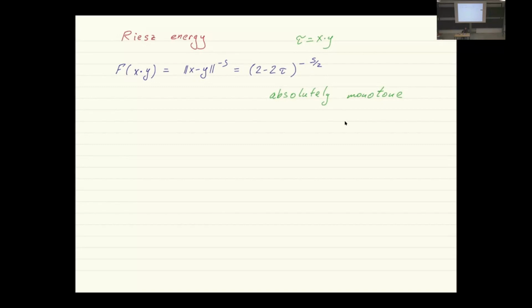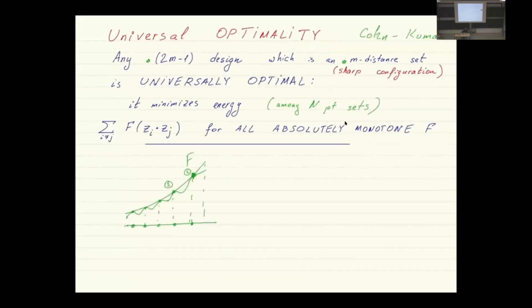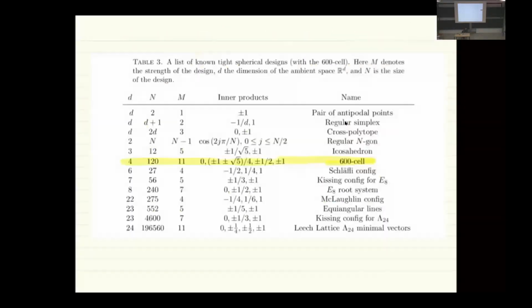Well, remember, if you take s to infinity, the Riesz energy becomes the optimal separation. So this tells you that sharp configurations are optimal codes from the point of view of separation. And this gives you a way to prove that any of the sharp configurations, in particular, by the way, tight designs are sharp configurations, but there are more.